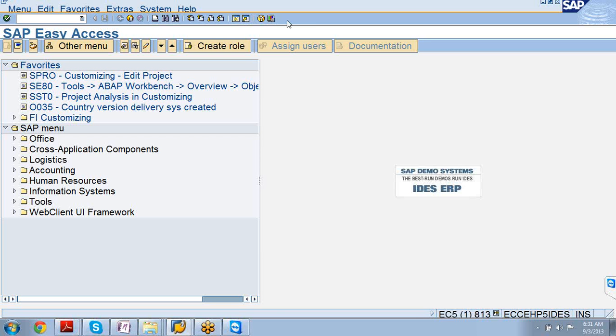Right? So next, master data. Master data is available under SAP menu in easy access, with a number of master data record entries.